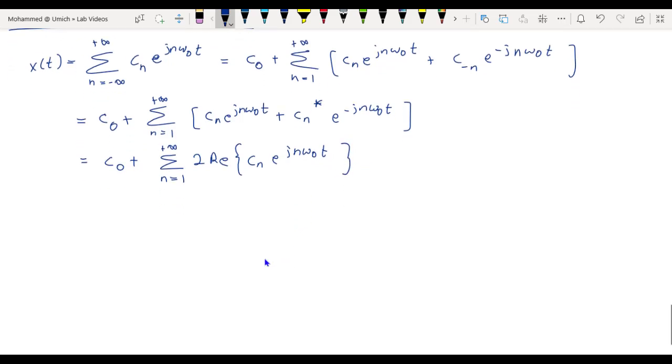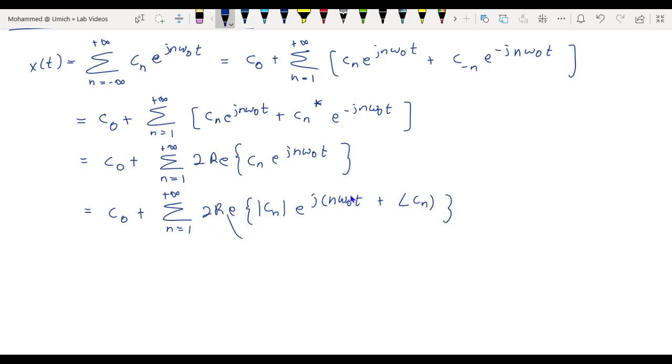If I now express Cn in polar form as magnitude of Cn e to the j angle of Cn, then x of t equals C naught plus the sum from n equals 1 to plus infinity of 2 times the real part of magnitude of Cn e to the j n omega naught t plus angle of Cn, and 2 times the real part of that equals 2 times the magnitude of Cn times cosine of n omega naught t plus angle of Cn, which means that our entire Fourier series expansion becomes x of t equals C naught plus 2 times the sum from n equals 1 to plus infinity of magnitude of Cn cosine of n omega naught t plus theta n, where theta n is defined as the angle of Cn.